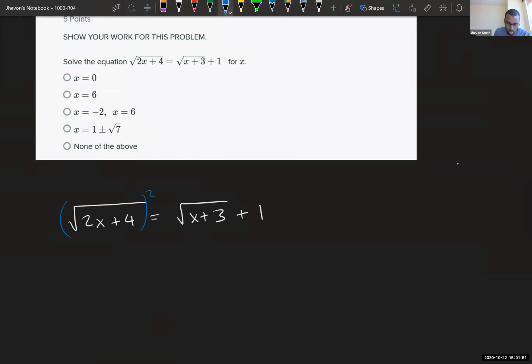So square both sides. I will mention that a common mistake is squaring the terms individually.